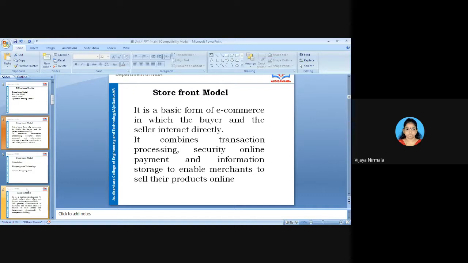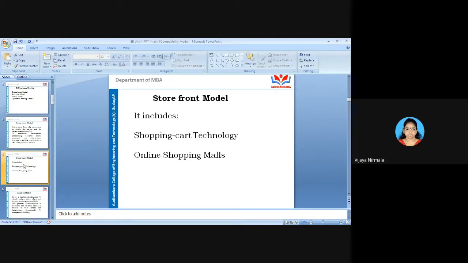All these are some examples of the storefront model. This storefront model also includes shopping cart technology and online shopping marts.